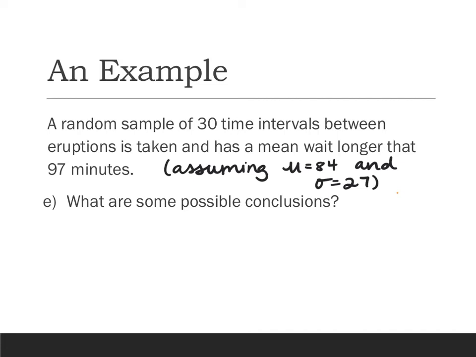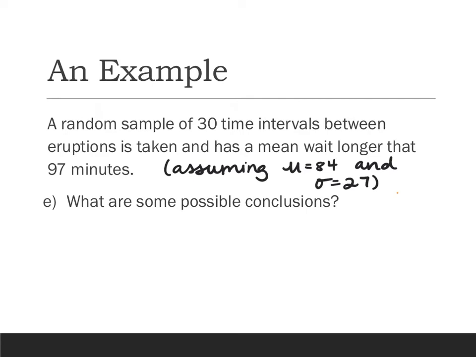So we found a sample of 30 time intervals between eruptions of this one geyser, and we found that the mean of those 30 in our sample has a wait that's longer than 97 minutes.